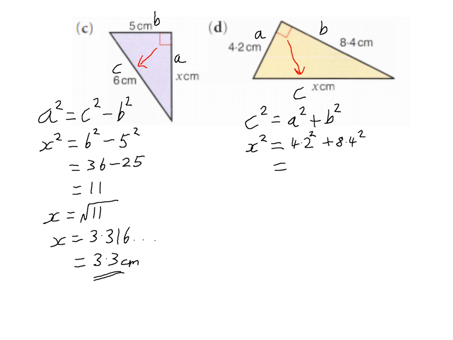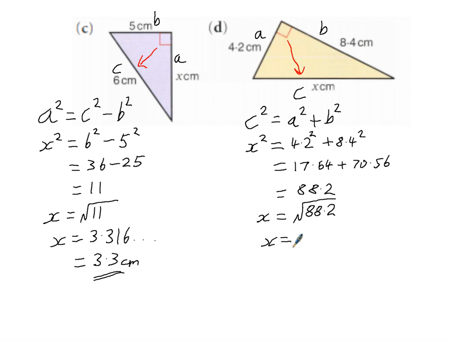As before, I'll put in the other line, but you might be able to skip this out depending on how you're working your calculator. 4.2 squared is 17.64 and 8.4 squared is 70.56. Add them together, it comes to 88.2. Remember that is x squared. So we now need to take the square root of 88.2.